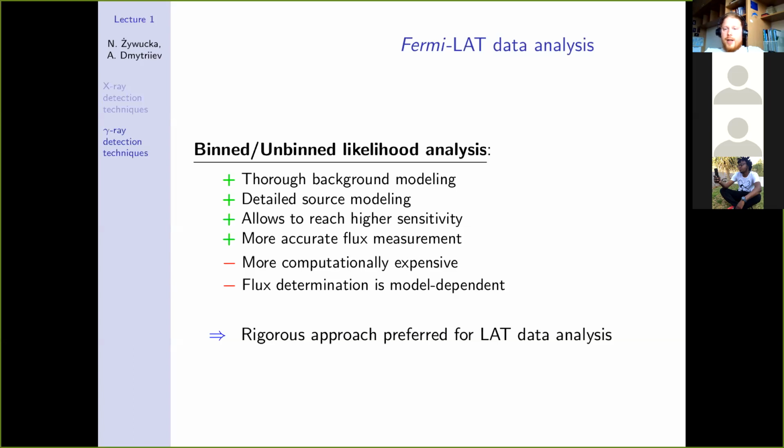And you have to be cautious, because the flux determination in this case depends on the models you're using. You're reconstructing, it's more like guessing, although it seems contradictory and ironic that it allows you to reach more accurate flux. But you have to be really sure about your models, because if you specify wrong models, you can have a totally different flux.